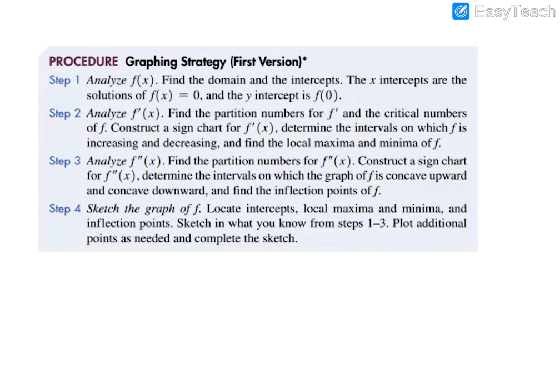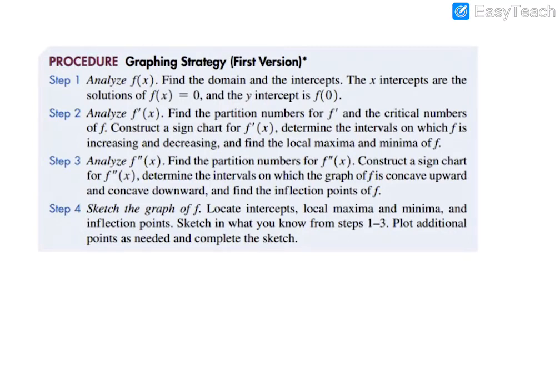If the second derivative of f is less than 0, the graph of f of x is concave downward. So by combining these two ideas, we can sketch the graph of any function.